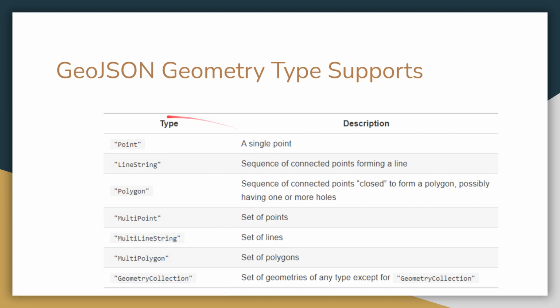We'll discuss all of this later in the geojson.io website. So just keep in mind we have these seven kinds of geometry types that are supported by the GeoJSON file.